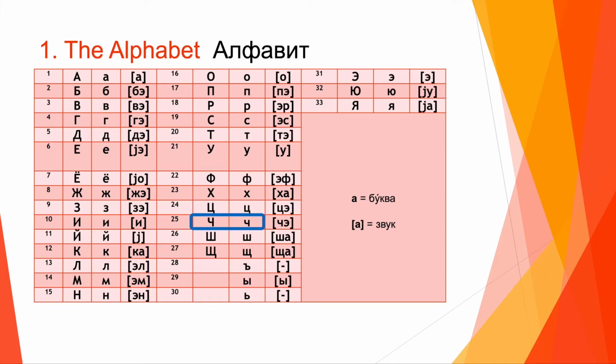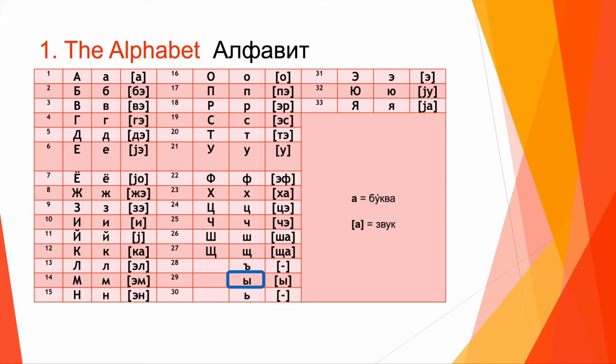Ч, Ч. Sometimes you might hear cha, cha, but normally it's Ч, Ч. Ша, Ша, Ща, Ща. This one doesn't have any sound, it's just a hard sign which we use for grammatical needs.